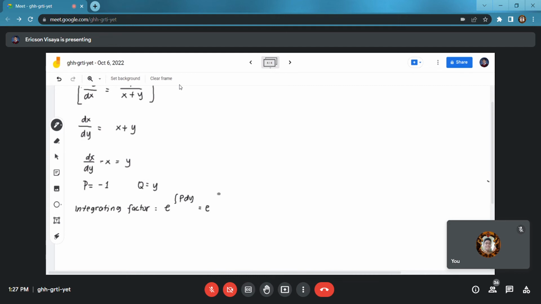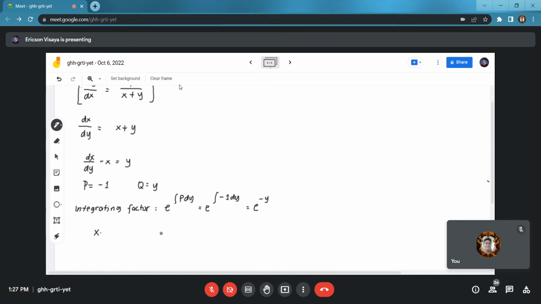So e raised to the integral of negative 1 dy. So the integrating factor is equal to e raised to negative y. And so proceed to step 2.